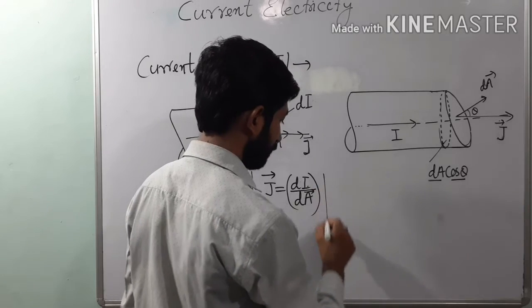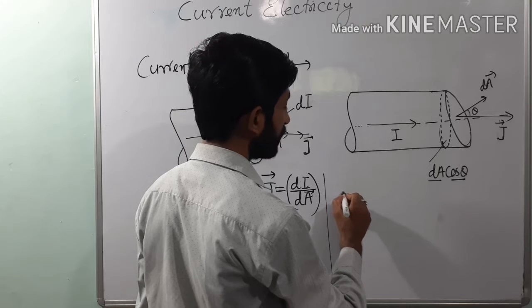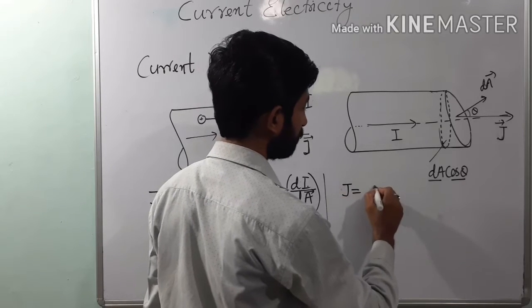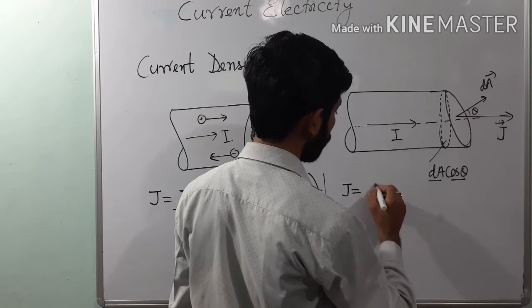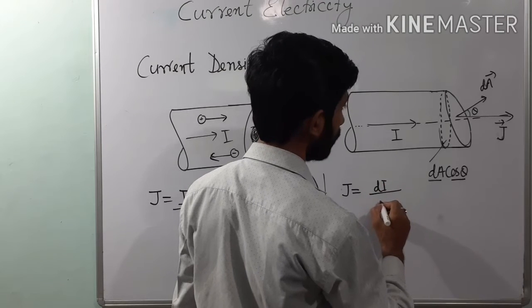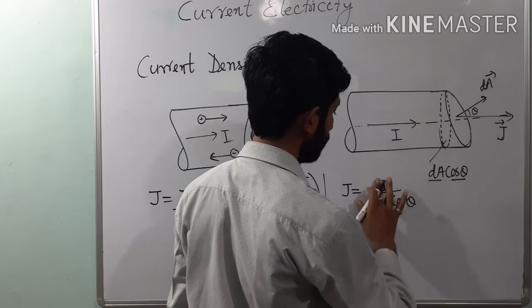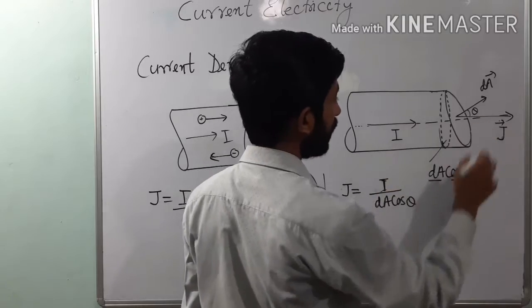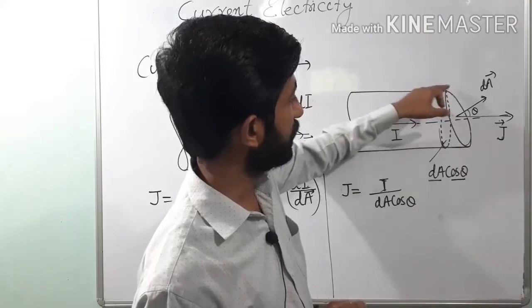So for this particular area, the current density is equal to, say, a small amount of current, that is dI over dA cos theta, sorry, this is I, total current is I, and that current is perpendicular to this dotted region.